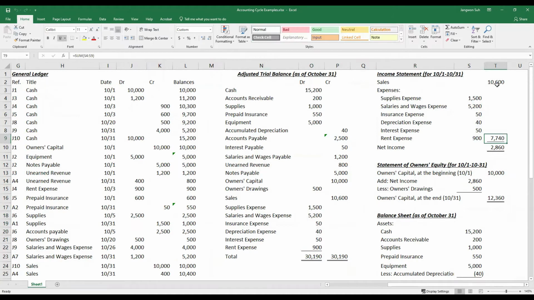And our sales minus total expense was net income, right? So far, so good. By the way, I want these numbers to stay here, but as you can see, some of the numbers are developed using the functions, but I want to keep these numbers rather than using the functions. So please follow me.